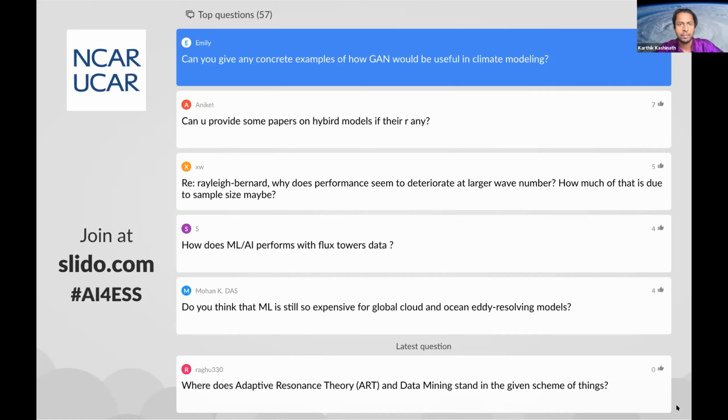There's a recent paper in JCP on constraining some of these GANs to capture the right spatial statistics of Rayleigh-Bénard convection. Mustafa is actively working on StyleGAN, which I think we're writing up fairly soon, to reproduce some other high resolution variables of a 25-kilometer climate model.